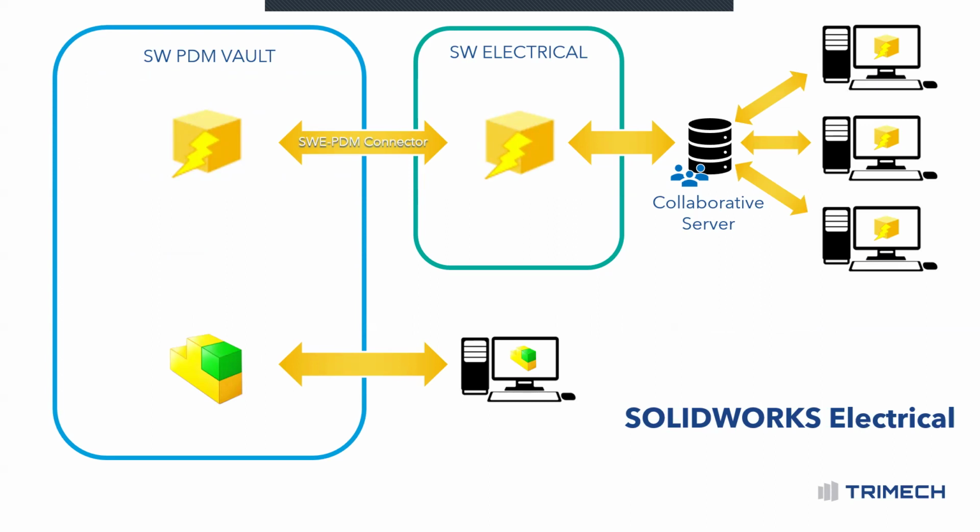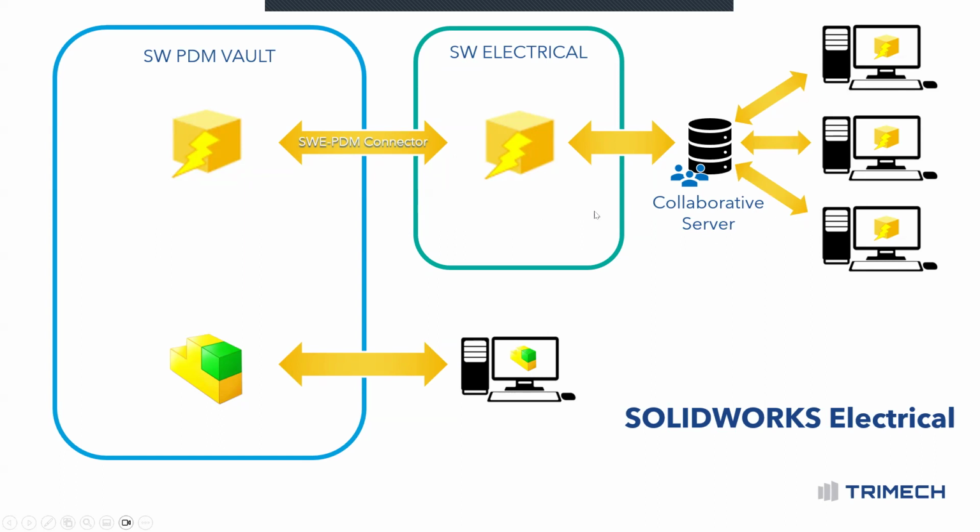So again, it's not just a line in SOLIDWORKS Electrical, it's an actual wire with a gauge and a jacket color and a thickness. It's all representing something in the real world that's going into your reports, which are then also pulled from SQL. So that means when you install SOLIDWORKS Electrical, not only do you need to install the software on your machine, the client, but you also need to make sure that it's pointed to your collaborative server if you're working with multiple people.